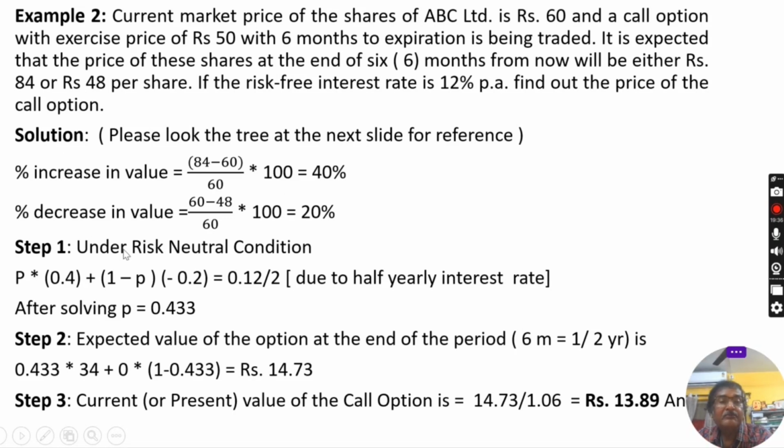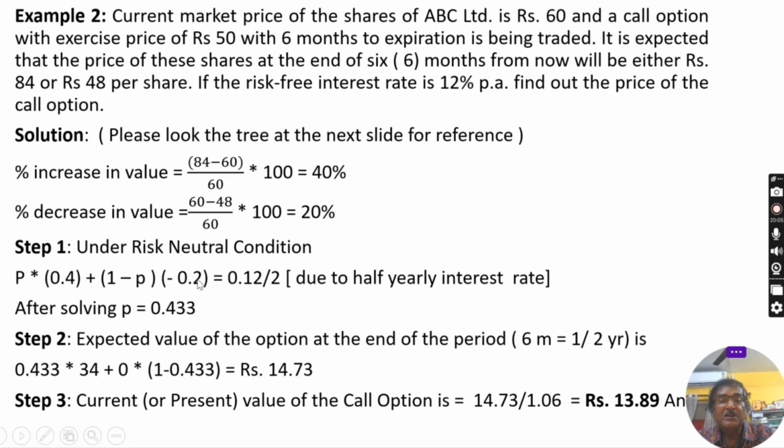Now I am discussing step by step. For step 1, I have already discussed the formula. Assume P is the probability for increase in price, and the percentage increase is 40%, plus this is the probability for decrease of price, because the sum total is 1, so that will be 1 minus p.